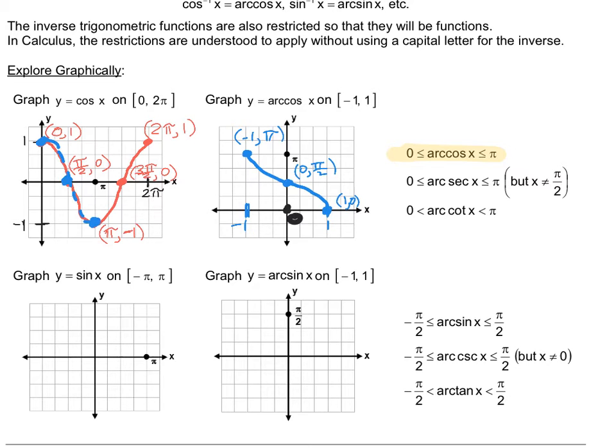So the entirety of the graph exists between 0 and pi. Now the issue that comes into play here is that the graph needs to only exist in that interval. If it exists anywhere beyond that, because it's a periodic function, it would fail the vertical line test.